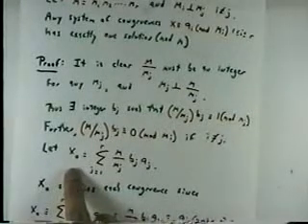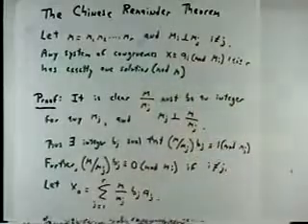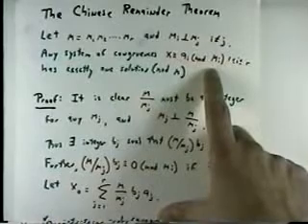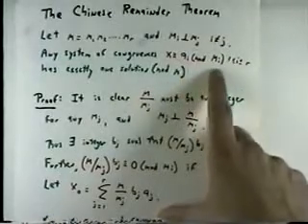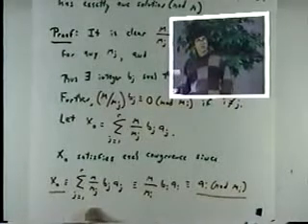What does it mean to be a solution? That means that if I take this integer and plug it into every single one of these congruences, it satisfies all of them. Let's think about one of these particular congruences, namely, let's think what this integer is mod m_i. This integer is the sum of r different integers.